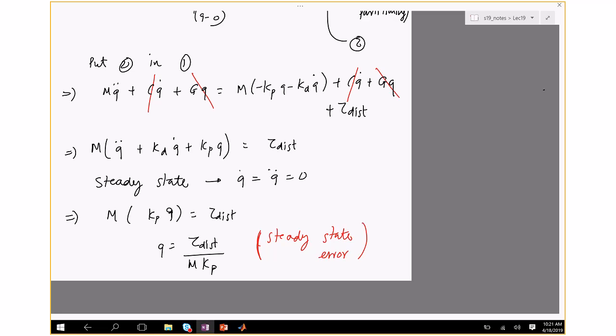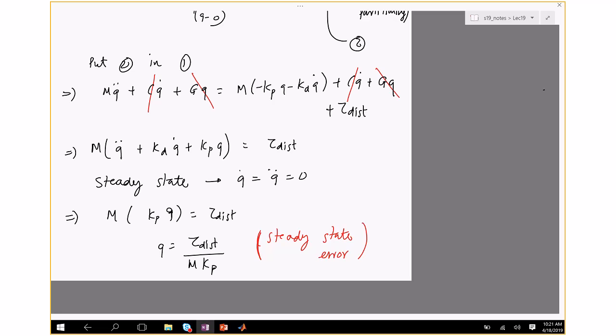So one way of reducing this error to 0 is, well, you cannot control the mass, you can only control KP. If you make KP equal to infinity, you get q equal to 0. But you cannot put KP equals infinity because in a realistic system there's noise and that's going to affect your set point tracking. So you cannot reduce q to 0. You can make it small by increasing KP, but at some point you'll be stuck by noise.